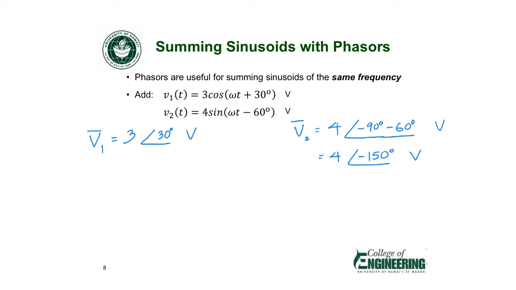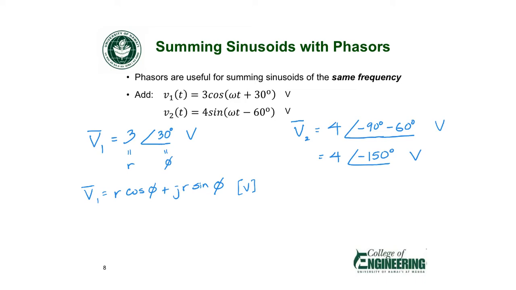Okay, so for V1, this value is R, the angle is theta. So if we write V1 in the complex number format, it's R cosine theta plus j R sine theta. That all has units of volts.